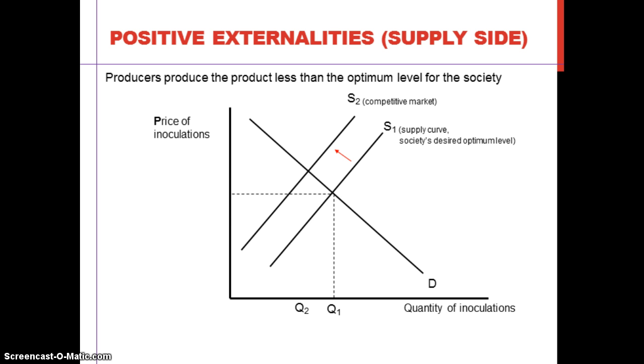As a consequence, such self-interested action of farmers produces less than the society's desired level.